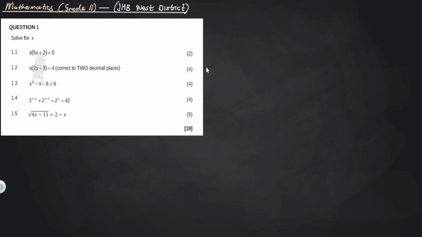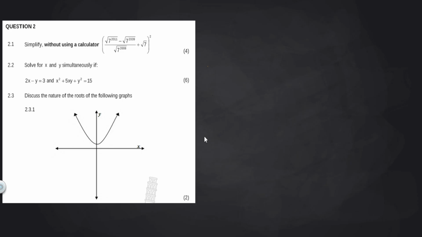So, term 1, by looking at the ATP, there's a little bit of trigonometry. There's also, I saw something about my exponents and equations. Just like this question paper is structured, you have question 1 containing algebra, only equations, and you have question 2.